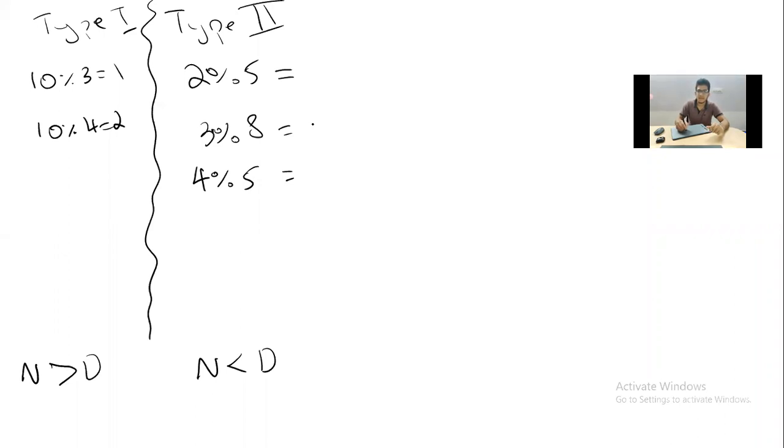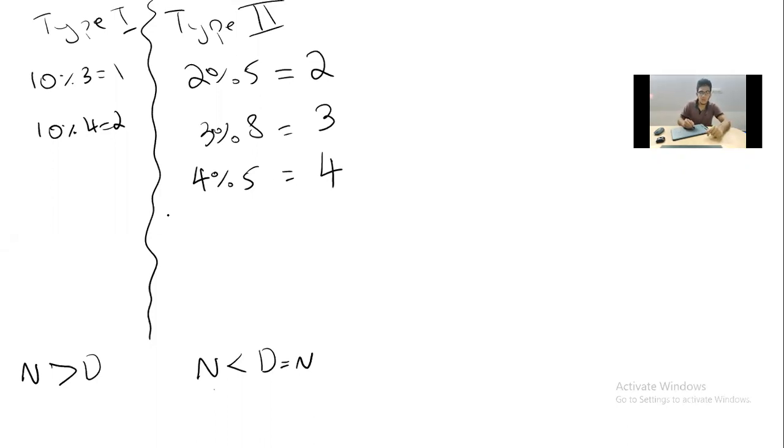Great. So I'll tell you the trick here. Always remember, if the numerator is smaller than the denominator, the answer is always the numerator only. Here you see 2 is less than 5, so the answer is 2. 3 is less than 8, the answer is 3. 4 is less than 5, the answer is 4, without a doubt.